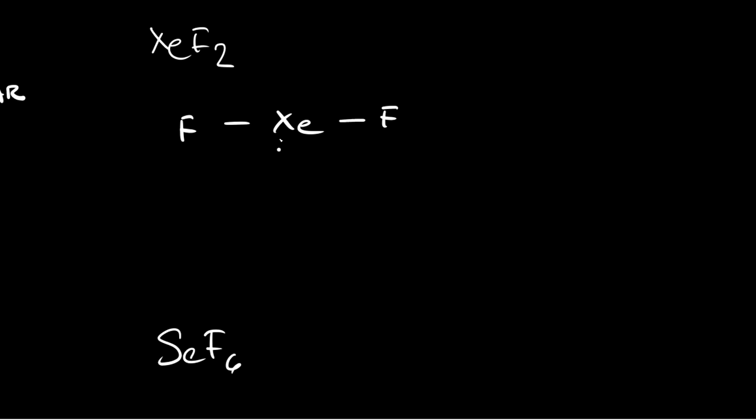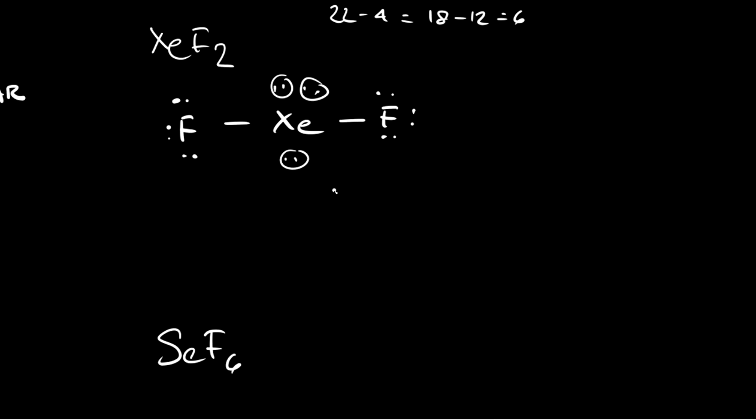So these each have 6, but if you count all the electrons up in total, it's 8 plus 7 plus 7, which is 22. 22 minus 4 is 18. Now 18 minus 6 and 6, which is 12, is 6. You have 6 left. So in this case, you have 3 lone pairs.